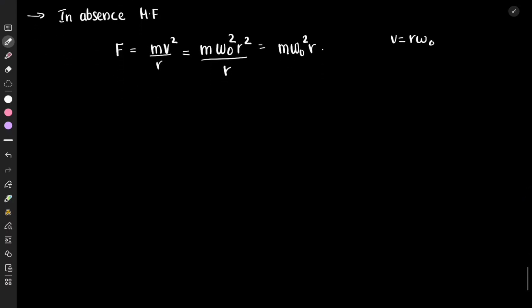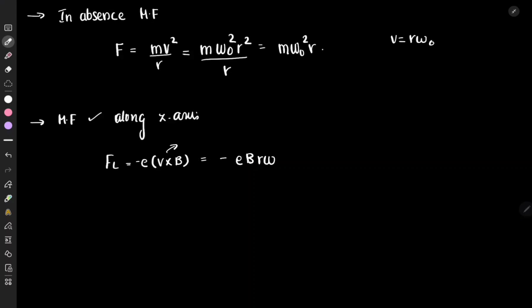Whereas if there's a magnetic field applied along the z-axis, then we will introduce the Lorentz force, F L. F L is equal to minus e v cross B, which is nothing but minus e B r omega.